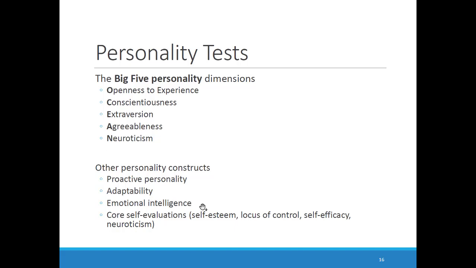Emotional intelligence. So this is referring to the ability to recognize emotions in oneself and in other people, and to use that information in decision making. And finally, core self-evaluations. So this is a global construct that is comprised of these four different sub-constructs. So self-esteem, locus of control, self-efficacy, and neuroticism.